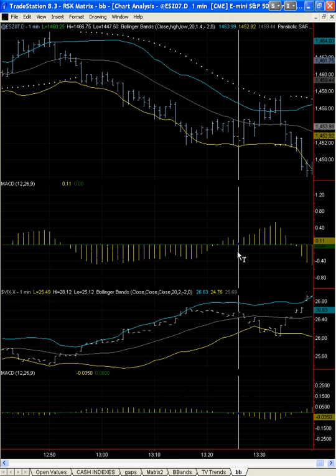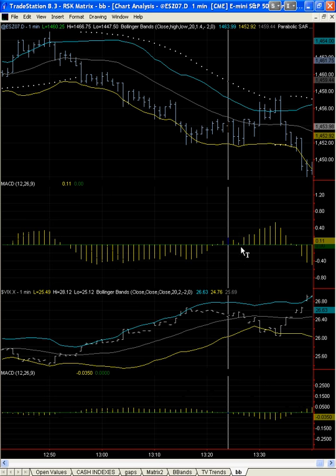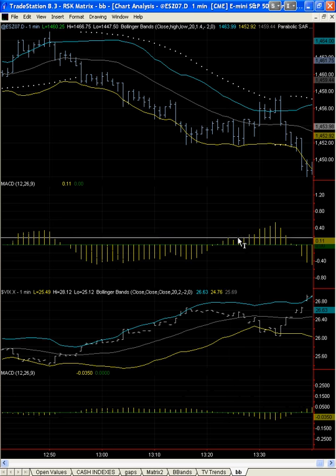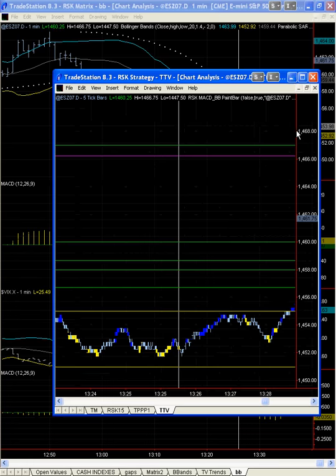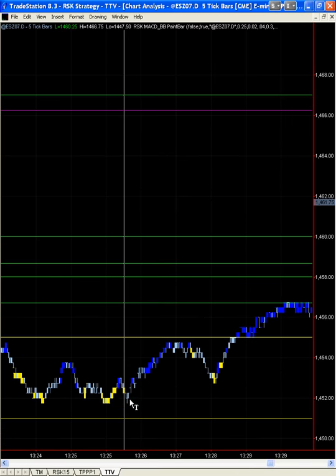Now, we may choose, and this is where we're at right now, to go ahead and go long right in here. But see what was happening at the bottom here? You were all yellow.